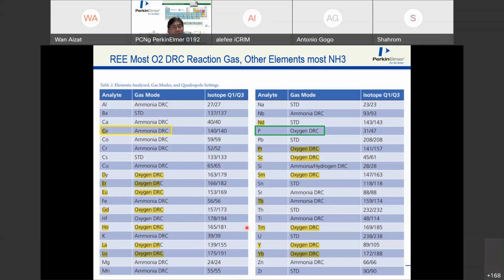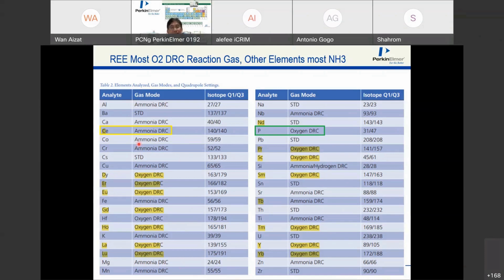And apart from rare earth elements, for other non-rare-earth elements that need to be analyzed as impurities, ammonia is very good, because there is a lot of interference from argon, oxygen, hydrogen, hydroxide, and the matrix elements. Ammonia removes this argon-related interference very efficiently.